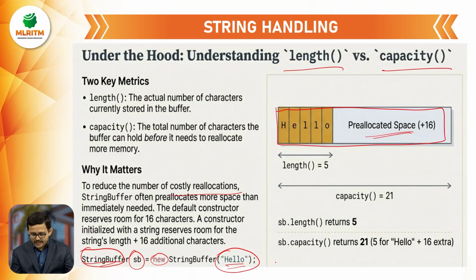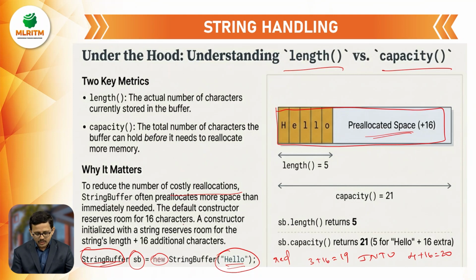Suppose you are using something called Reddy, then that is going to give you 5 plus 16 is equal to 21 capacity. Something like JNTU, that is 4 letters. For that we have 4 plus 16 is equal to 20. So we are going to allocate 20 bytes of memory that is required.